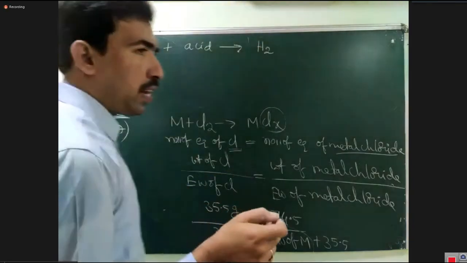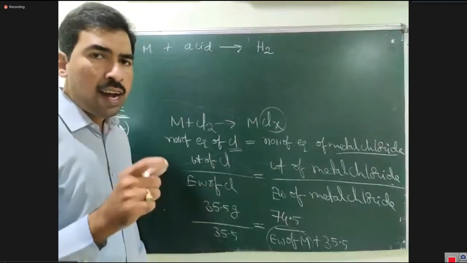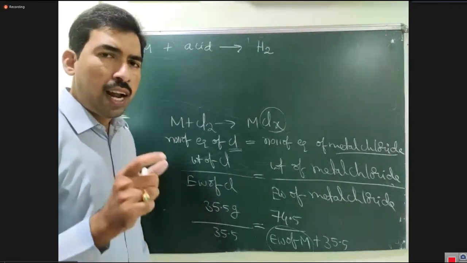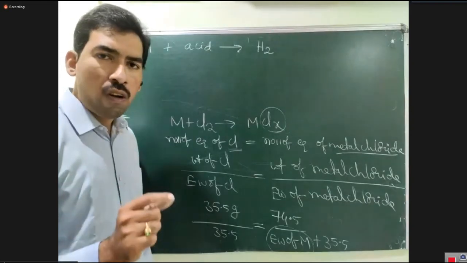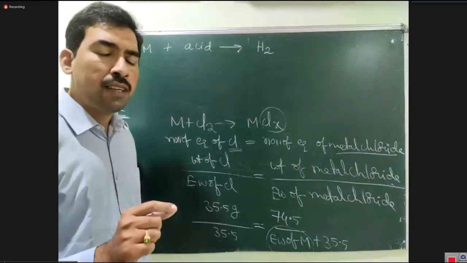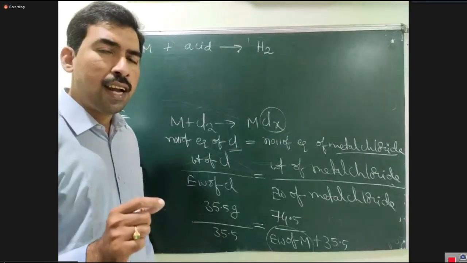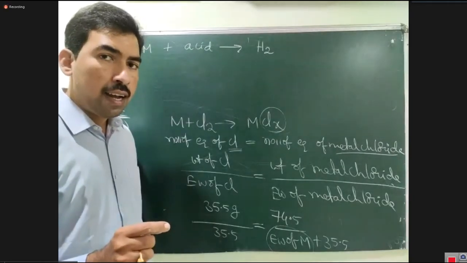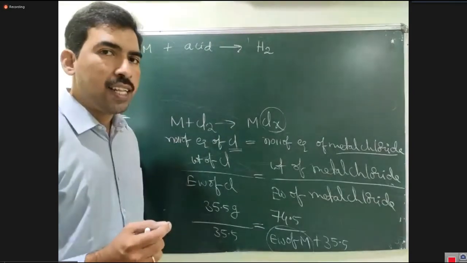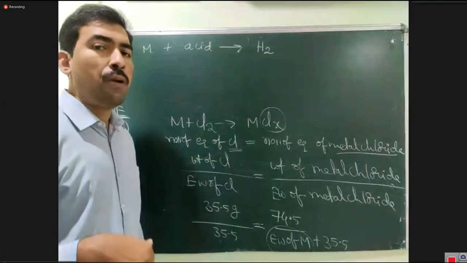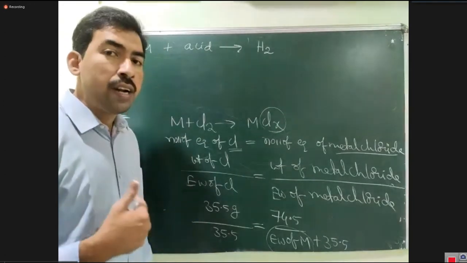I'm repeating one more time. Hydrogen means H2, oxygen means O2, nitrogen means N2, not N. Chlorine means Cl2, not Cl. If it is atoms, then clearly they will mention oxygen atoms, nitrogen atoms, hydrogen atoms.